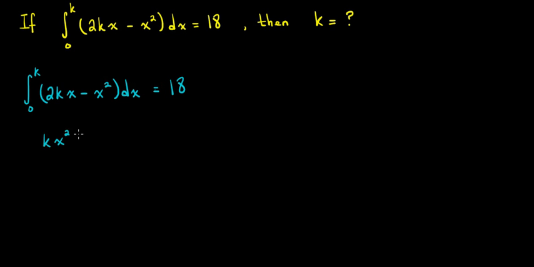And 2 minus 1 is 1, so that would leave you just with 2kx, which is exactly what we have here. You can think about just applying the power rule for integrals, which says that you add 1. So 1 plus 1 is 2, and then I divide by 2, but notice the 2's will cancel out, leaving me with just kx to the second power.